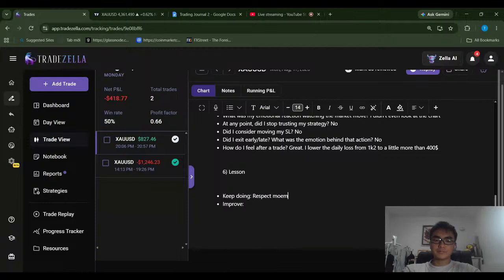Respect momentum. Pride in my strategy, it runs so fast. So any kind of sideways pressure is not a quality position, so be careful.